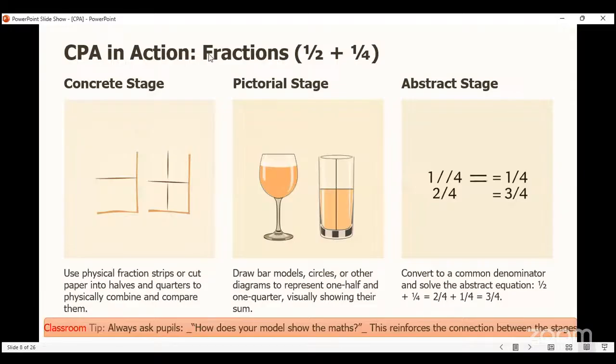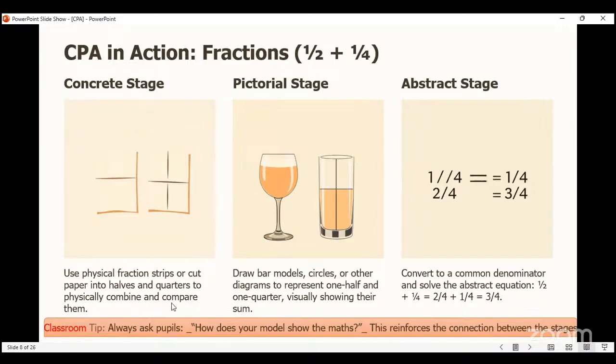Now, look at CPA in action when it comes to fractions: half plus quarter. In the picture, we can see a picture representing half, and a picture representing quarter. Use physical fraction strips or cut paper into halves and quarters to physically combine and compare them, to see the answer.